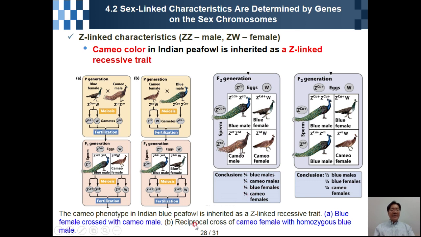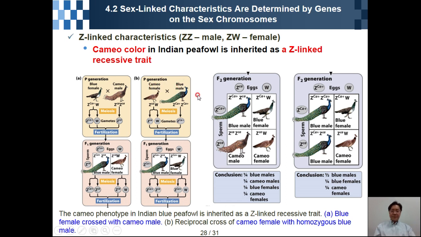How about the reciprocal crosses? Reciprocal crosses means that the female is the camel color and the male is blue. Previously, the female was blue and the male was camel. This time, the female is camel and the male is blue.